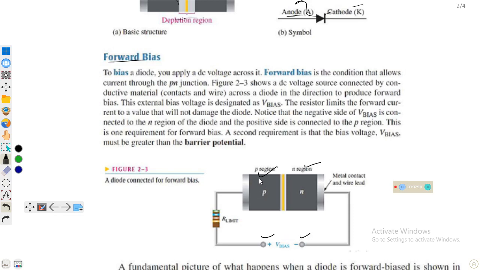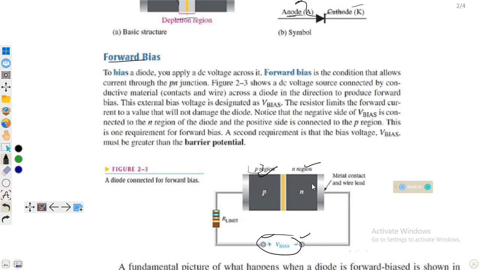What actually happens in this case? To bias a diode, you must apply a DC voltage. For example, this is the battery in a forward biasing condition that allows current through the p-n junction. We have electrons in the n region and holes in the p region, and when we apply a bias voltage, this n is connected with negative and this p is connected with positive.